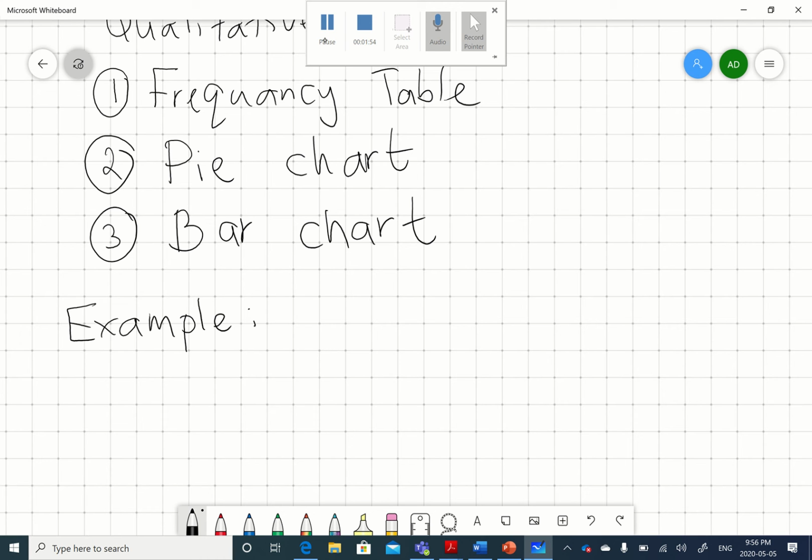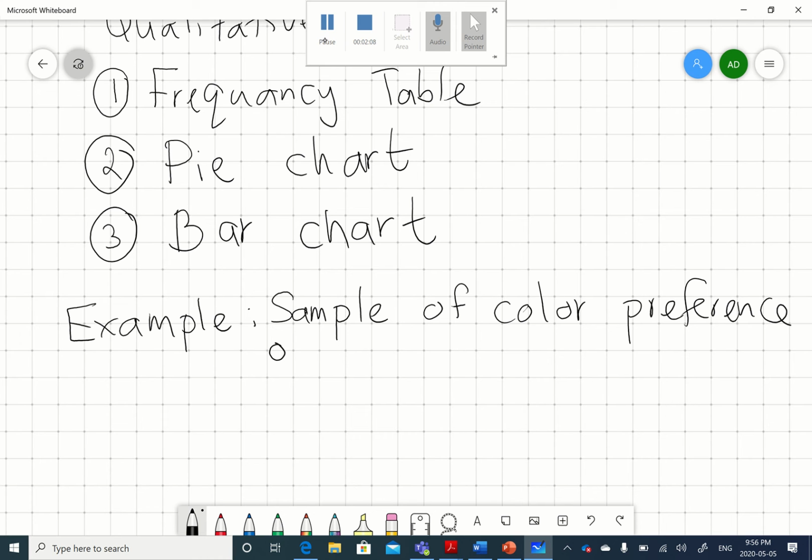So we have a sample of color preference of 15 people.